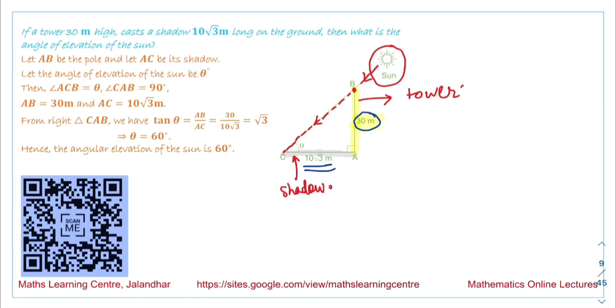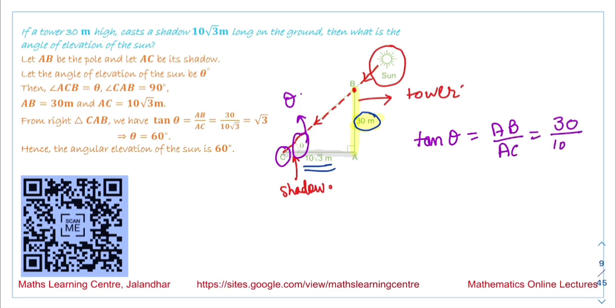The lengths of the tower and the shadow are given, and we have to find the angle of elevation of sun. Angle of elevation of sun means that if we are standing at the point O, we have to find this angle theta. So if we write the value of tan theta, the formula for tan theta will be AB over AC, that is 30 over 10 root 3.